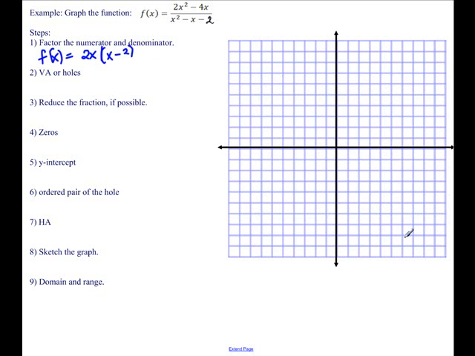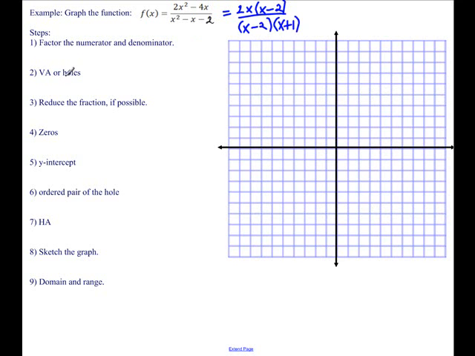And my denominator, in fact, let me write this over here. I didn't leave myself enough room, did I? The denominator factors as what? X minus 2 times x plus 1.